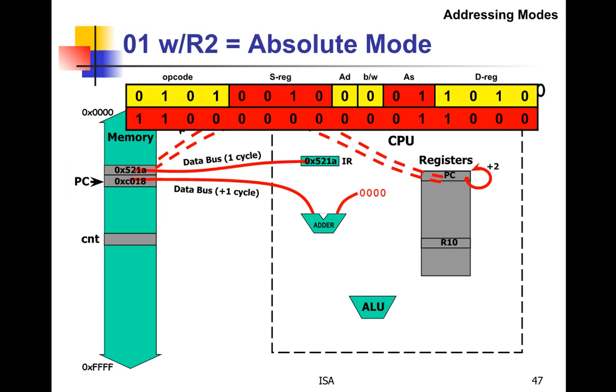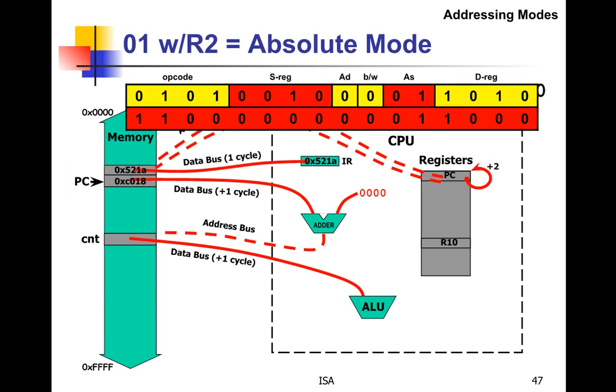We're adding 0 because that's where we want to get it. It's absolute mode. And the result of that goes out to where count really is. It's actually at address C018 in this example. Then that number from where count was pointing.